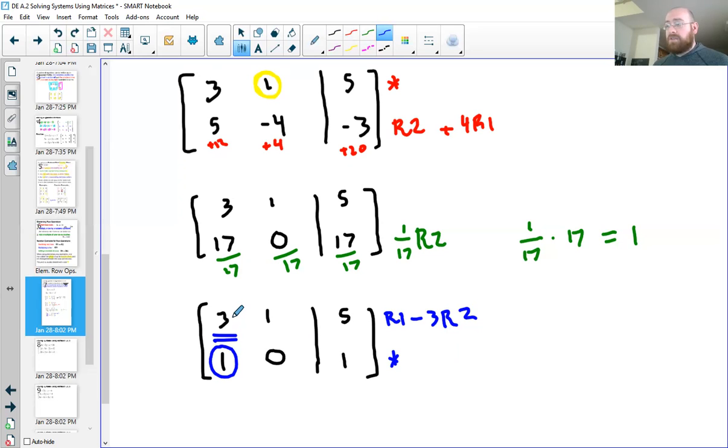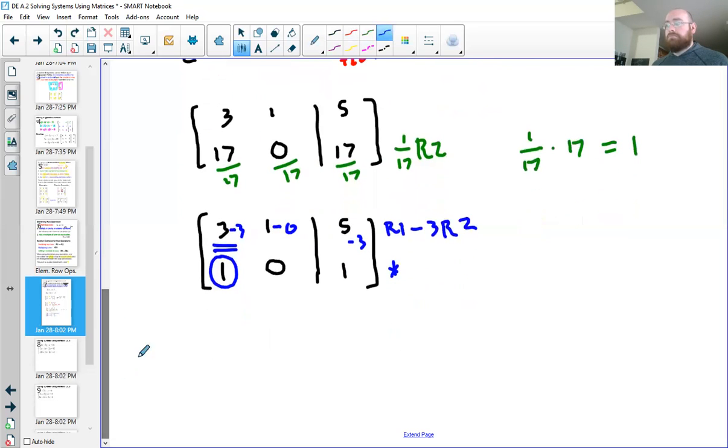So I'm subtracting 3 times 1, which would be -3. Then I'm subtracting 0 times 3, which is 0. And over here, it's going to be -3 again because we have another 1. Three minus 3 is 0. 1 minus 1 is 0. 5 minus 3 is 2. And then our second row didn't change.